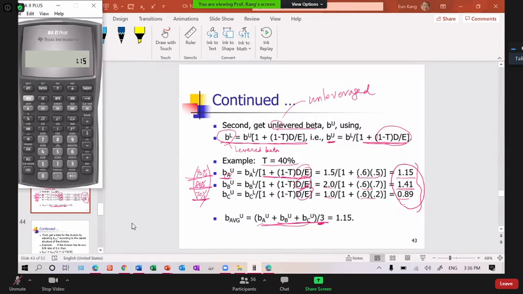So if we do that, then what? 1.15 times 0.9, that is 1.04, store at 1, and 1.41 times 0.8 and store at 2, 0.89 times 0.7 and store at 3, just in case.